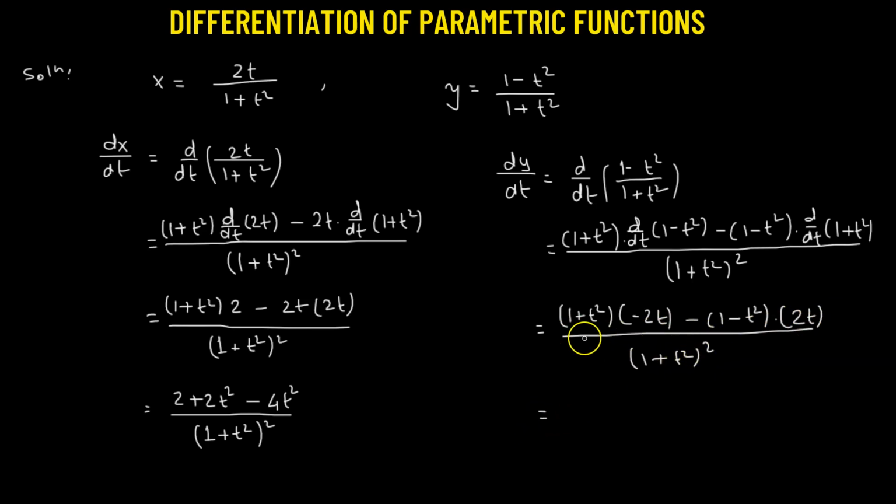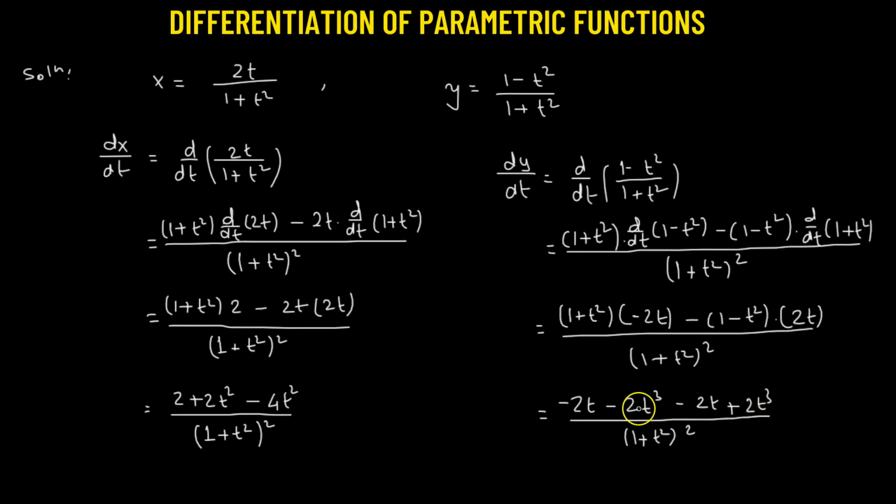Let's simplify the numerator. We have negative 2t multiplied by 1, so that's negative 2t. Then negative 2t times t squared is negative 2t cubed. Then we have 1 times 2t, which is positive 2t, but with the negative sign we have negative 2t. Then we have negative 2t cubed, which becomes positive 2t cubed, whole thing divided by 1 plus t squared whole squared.